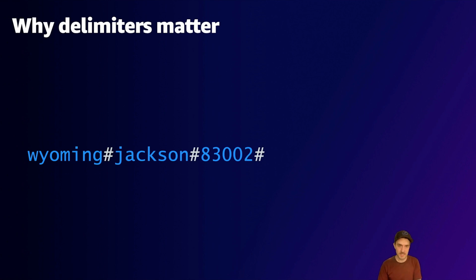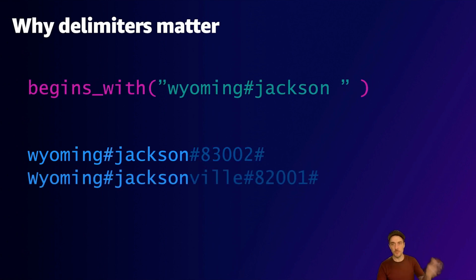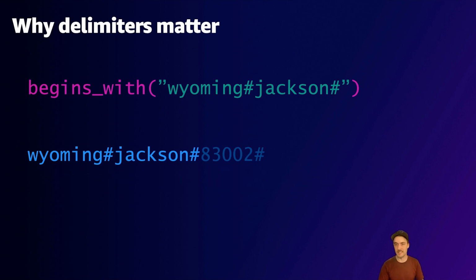What that looks like is you do begins with Wyoming, Jackson. That's valid, and there are definitely scenarios where you'd want to include that. But what if you really want to include only zip codes inside of Jackson, the city of Jackson? You would then tack the delimiter at the end of your item, and the only thing that's going to return is zip codes inside of Jackson.